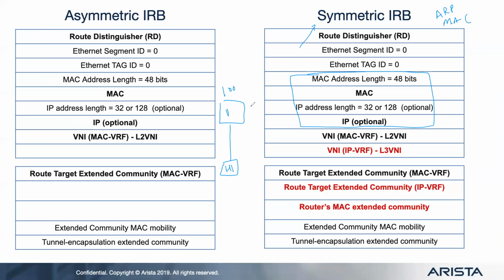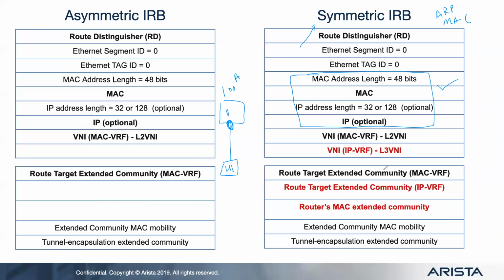As soon as you learn that VLAN 100 is part of VRF A, and you learn this MAC and ARP, you will generate this type 2 route. So that is the same as asymmetric.